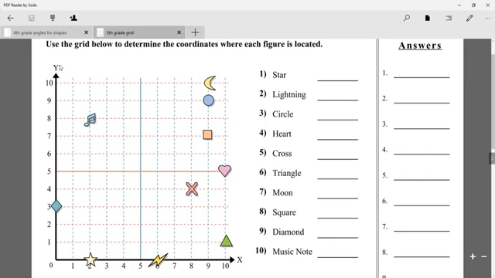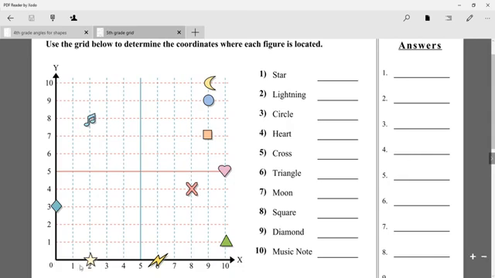Now, when you write coordinates, you always write x first. So let's just go for the star first, which is right here. So I know that it's 2 on the x coordinate, which is this line right here, and then it is 0 on the y coordinate, right?